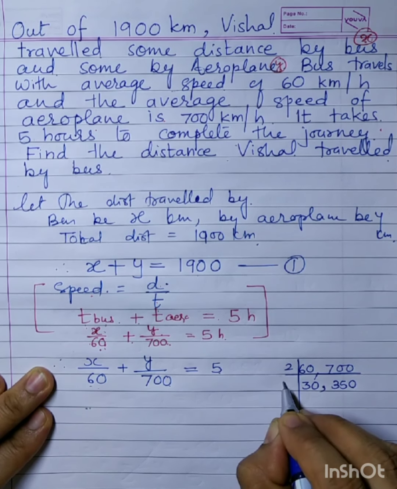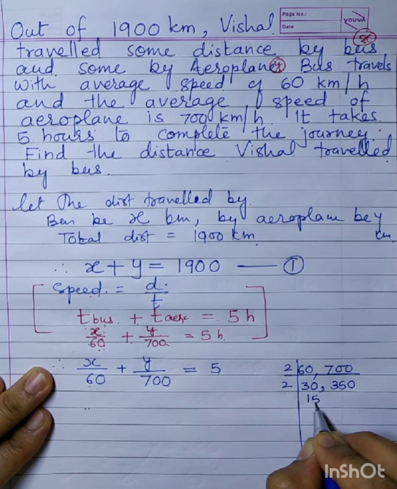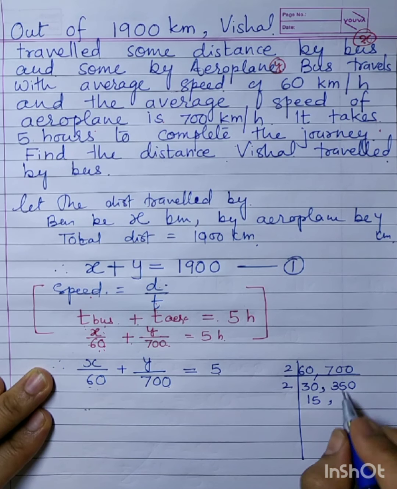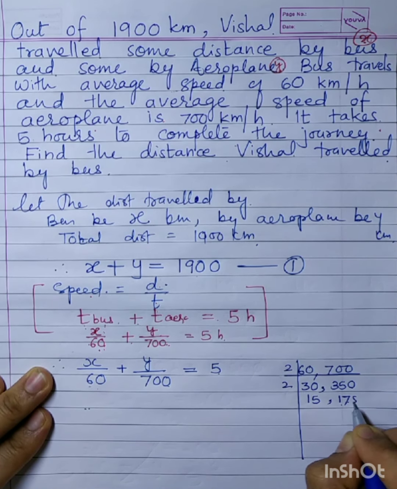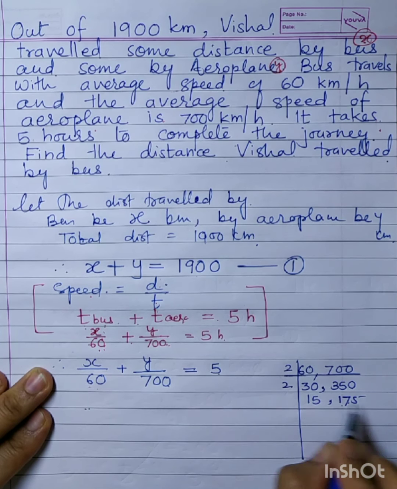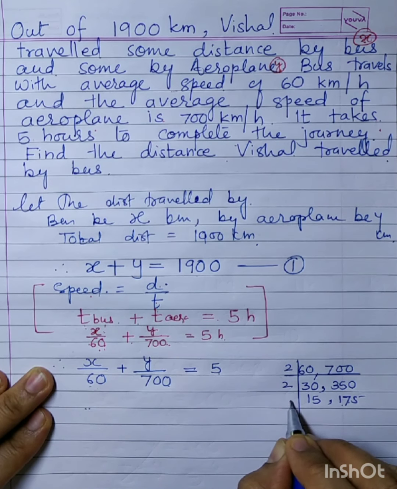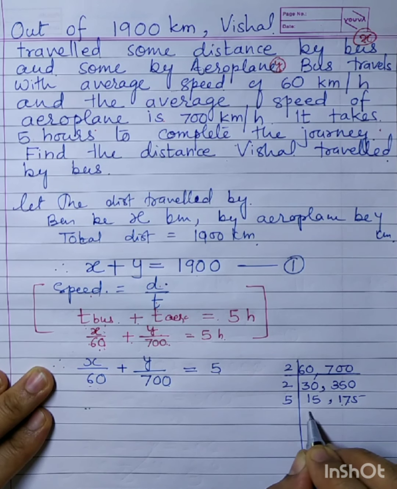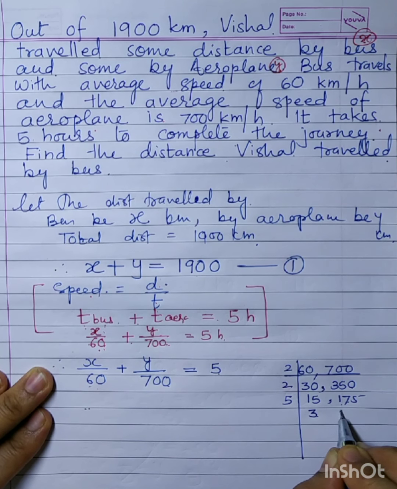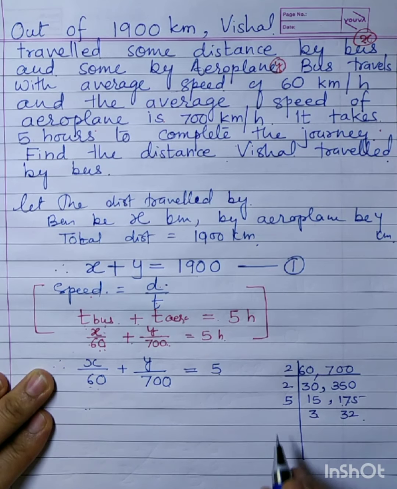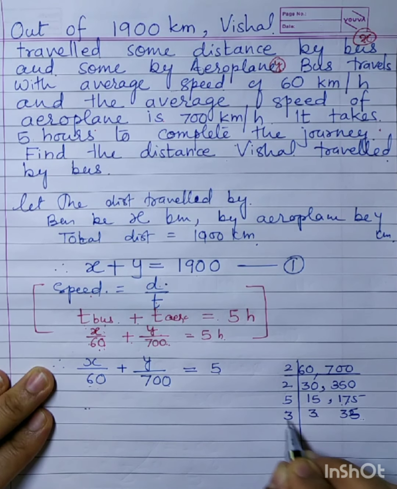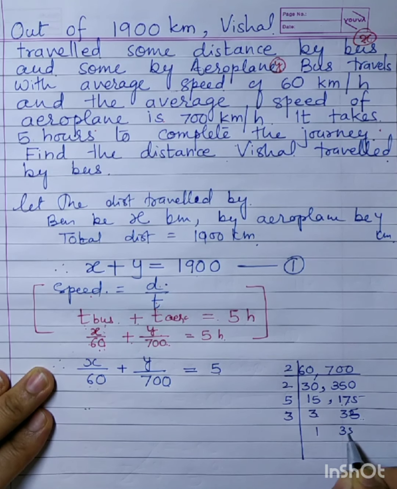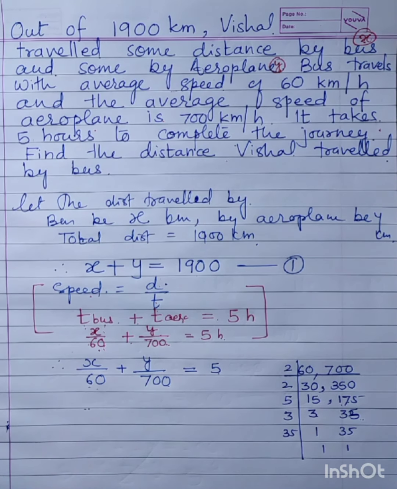350, right? Again it will go by 2, 175. Now not by 3, no? So it will go by 5, 5 7s are 35. Now no common things here, so 35. So the LCM you are finding.